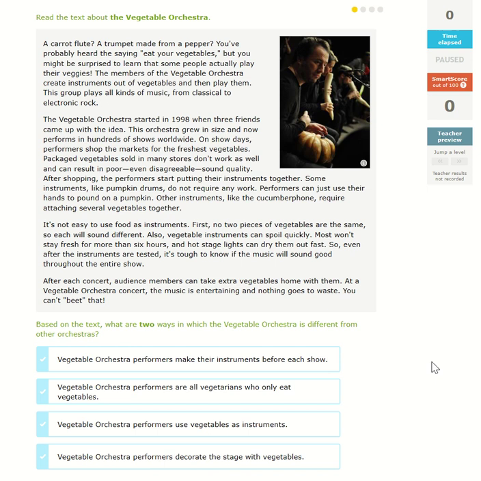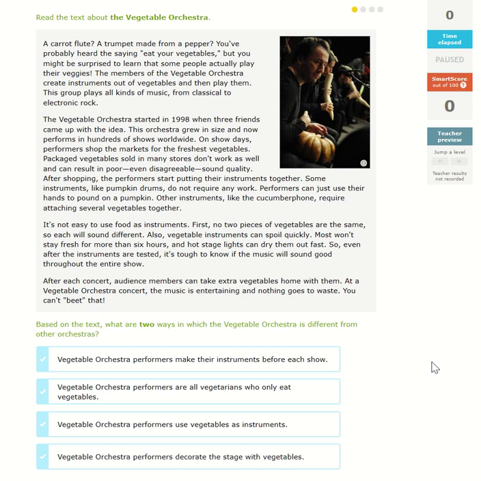The Vegetable Orchestra started in 1998 when three friends came up with the idea. I wonder if they thought of that idea during a genius hour. This orchestra grew in size and now performs in hundreds of shows worldwide. On show days, performers shop the markets for the freshest vegetables.